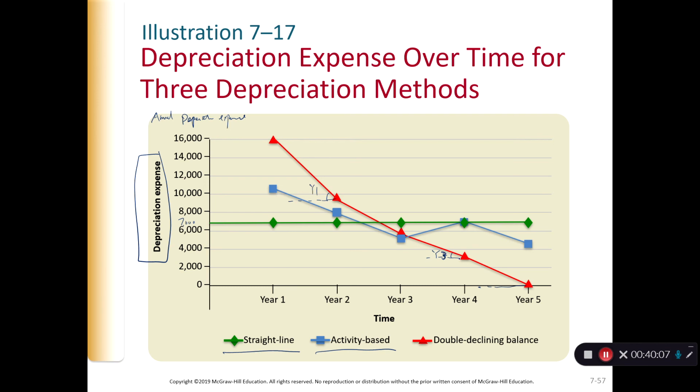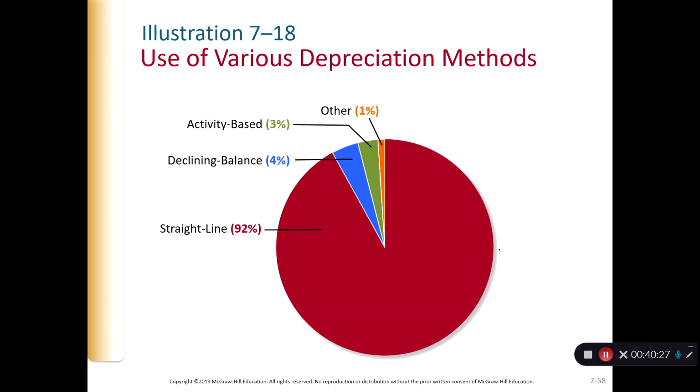Depreciation is much faster early on. And when you look at the activity-based, it's actually really random. It's up and down because it depends on the usage. So this graph clearly shows us the depreciation behavior of the 3 different methods.